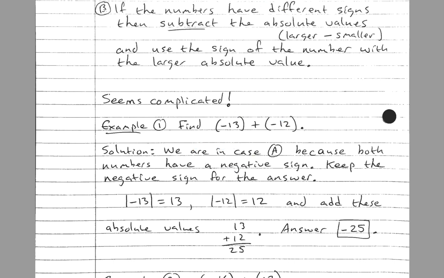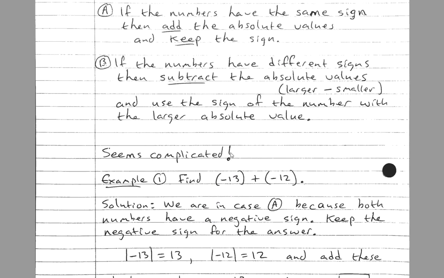Example 1. Here we have negative 13 plus negative 12. Just to check everything, the operation is addition, so this rule is only for addition. Our two numbers are both negative, so we're in case A. We have two numbers with the same sign. The rule is: work out their absolute values.